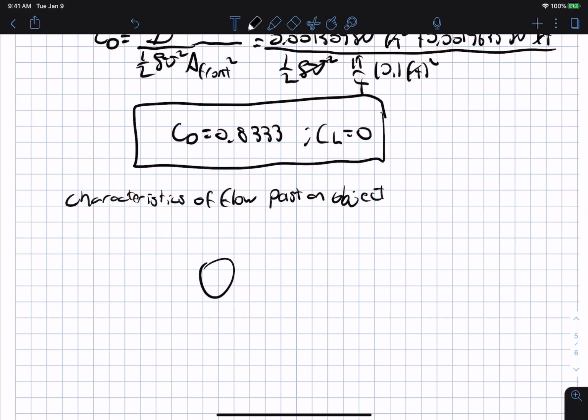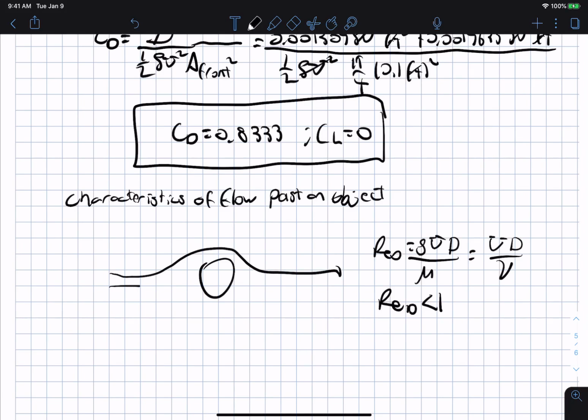If the Reynolds number is very low, so Re_D equals rho times the free stream velocity times the diameter divided by the dynamic viscosity, or if you prefer, UD over nu, they are the same. If Re_D is less than 1, we have a scenario called creeping flow. The streamlines for this case will look nice and symmetric, and they'll go nice over and around.